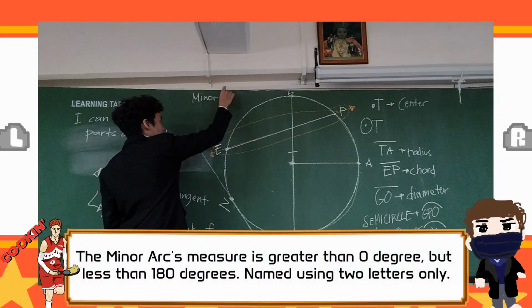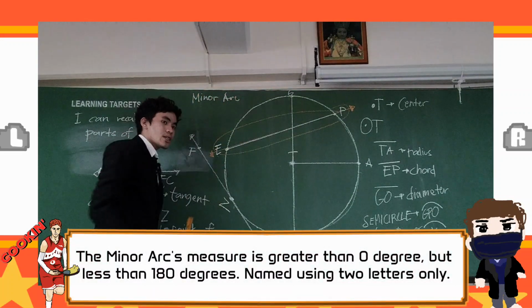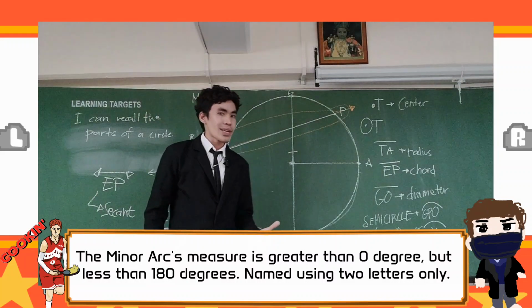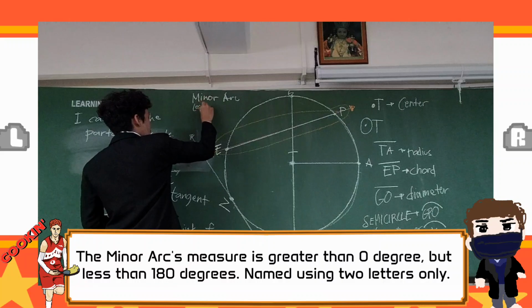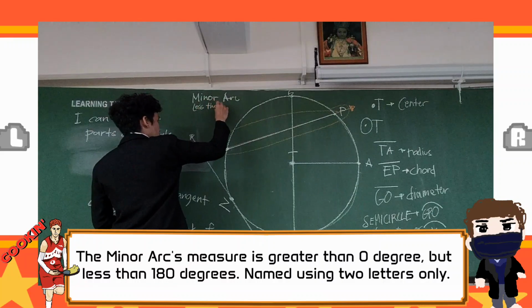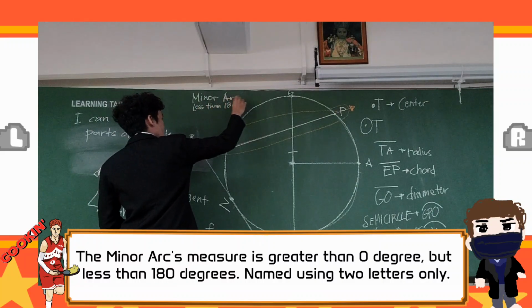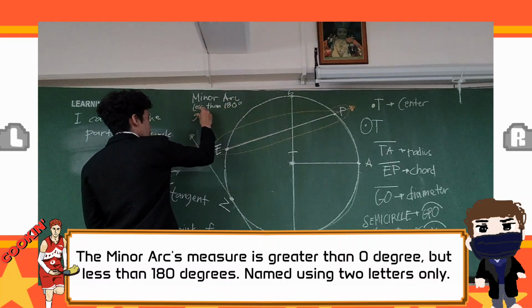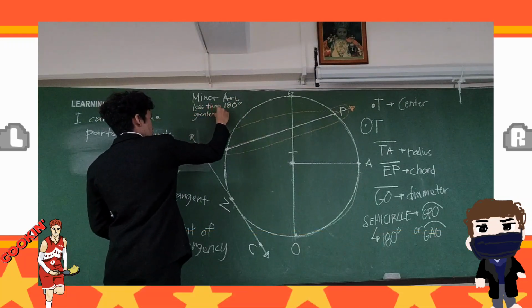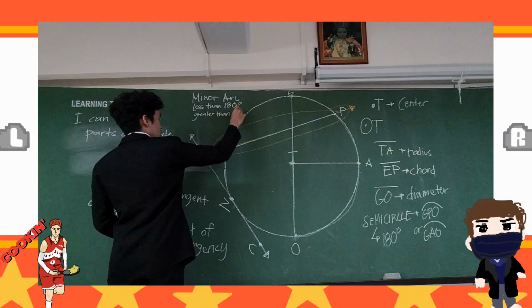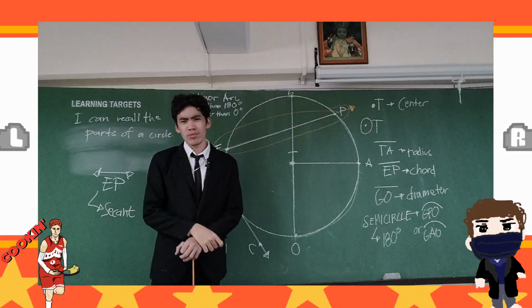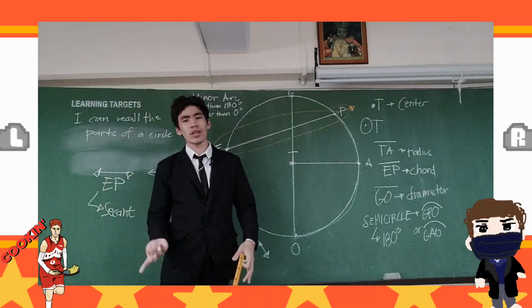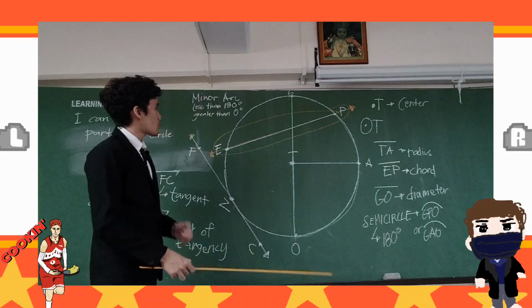From the name itself, minor, the minor arc is basically an arc whose measurement is less than 180 degrees, and of course, greater than 0. Is it possible to have a 0-degree minor arc? No. We're not talking about an arc anymore. There's no arc if it's 0 degrees. So it's important to remember that.